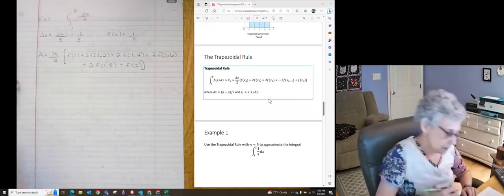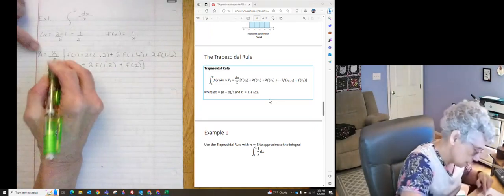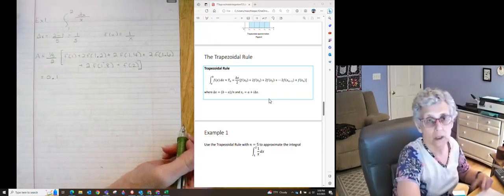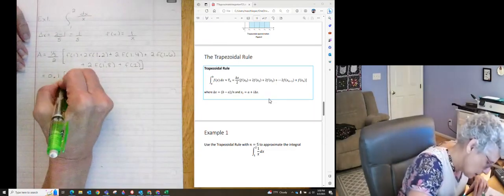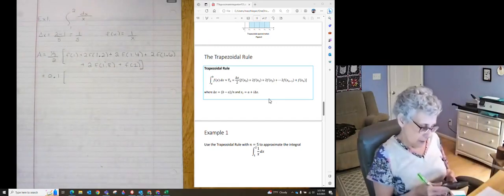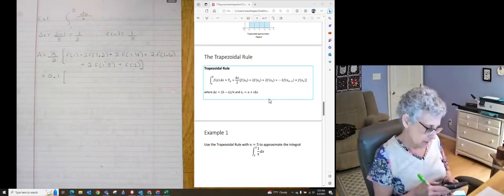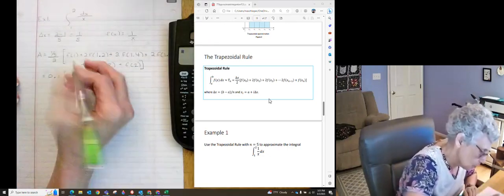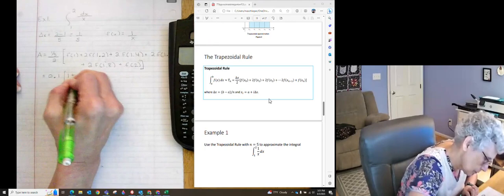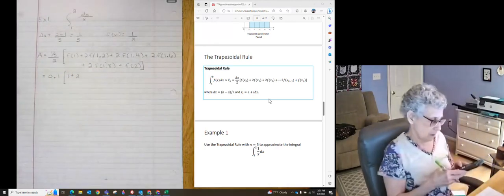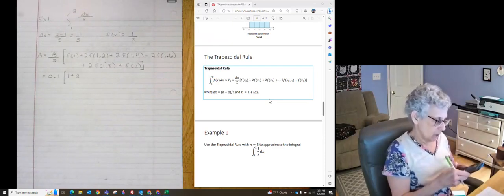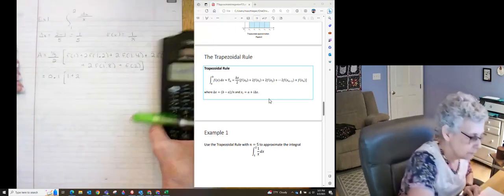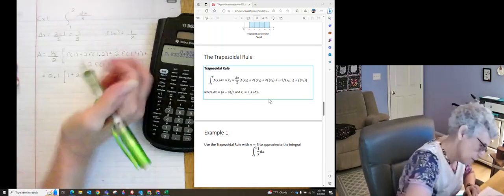Now we'll use our calculator to do the heavy lifting. So this is 1/5 over 2. You could just write it as 0.1 or as 1/10, either way. Now, clear out the old stuff. F of 1 would be 1 over 1, which is 1. 2 times 1 over 1.2, which gives me 5 over 6.